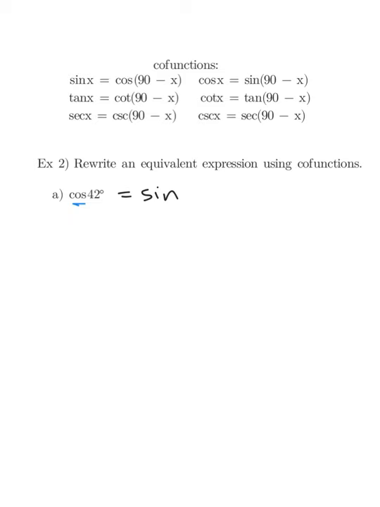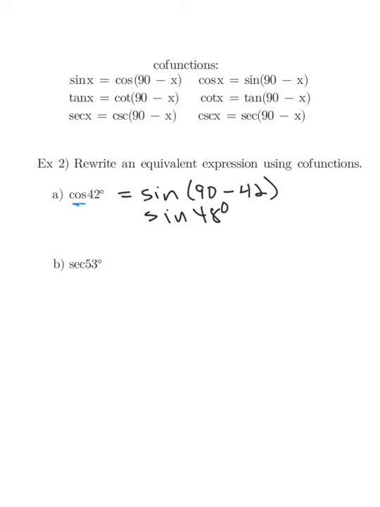And then to find the angle measure, you always take 90 minus the given angle measure. So if I take 90 minus 42, then my cofunction is sine of 48 degrees. If you were to actually put these two items in the calculator, you would get the same number for both of them.